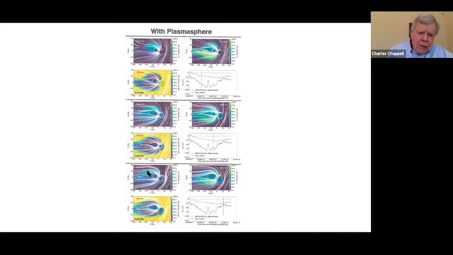And the O+ is there, but diminishing. And the solar wind H+ is beginning to penetrate. And he shows that in the peak of this storm, the ring current is dominated by the H+ from the ionosphere plus the O+ from the ionosphere, with some minor contribution in the ring current of the H+ that comes from the solar wind.